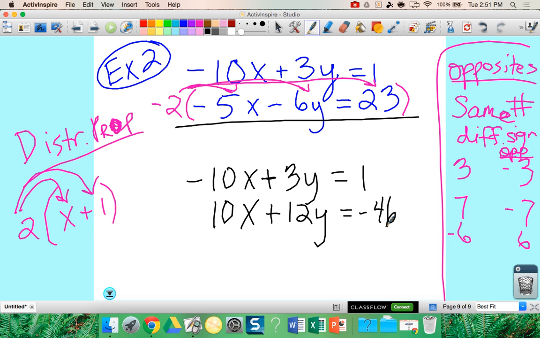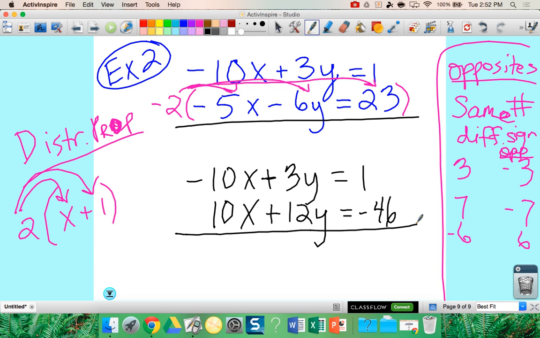Georgia, do you see one of the variables that we can get rid of now? You can do plus 10x on the side. Okay, we're reading it. I forgot to put my line here. We're going from here down. So you see how the x's line up, the y's line up, and then equal sign, constant. So you're looking at this x term.